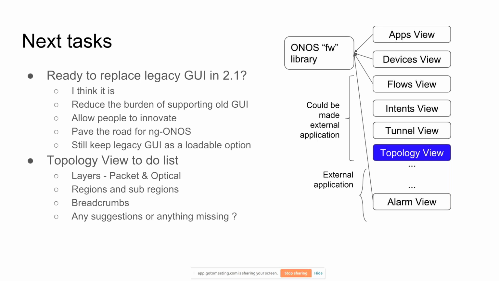So I think the advantages are that it reduces the burden of supporting the old GUI, and allows people to innovate. It's the modern framework for building GUI technologies on top of Angular, and if people want to build a GUI, it presents them an up-to-date framework on which to do it.